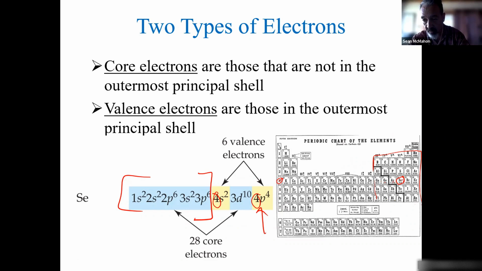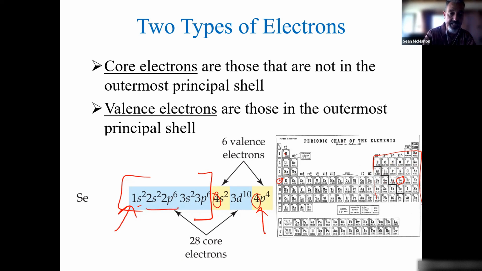If I was to go backwards, 4p4, 3d10, 4s2, 3p6, 3s2, 2p6, 2s2, 1s2. So you can also work backwards, but you first fill the first energy level, which has one sublevel, S, which has one orbital, which has 2 electrons. How do I know? Because there's 1, 2 positions.